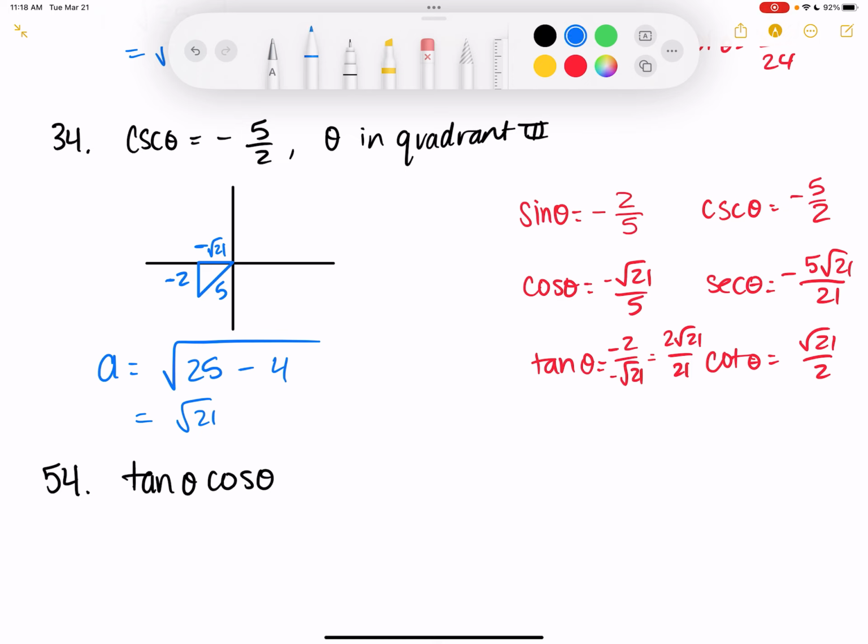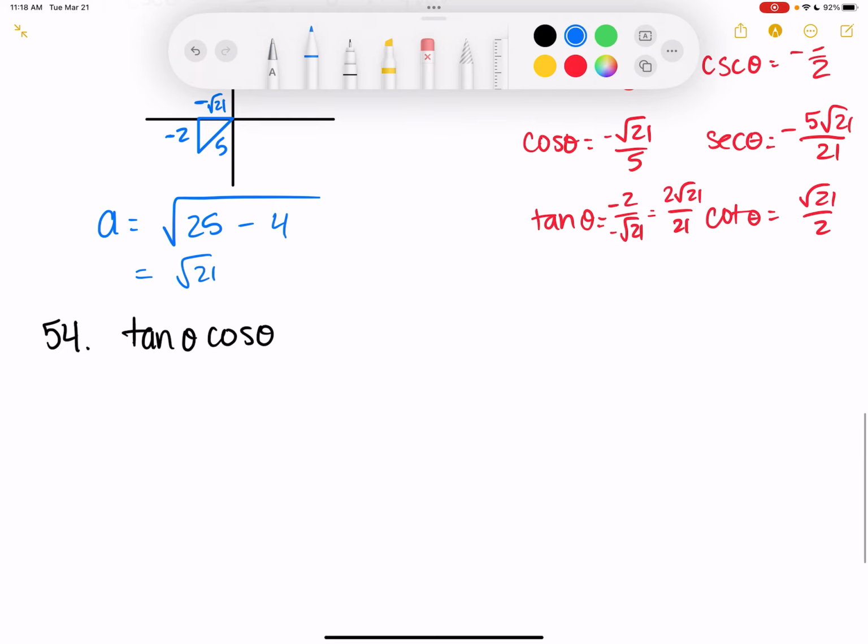So it wants me to first rewrite everything in terms of sine and cosine. So what can be rewritten and how in this one so far? What's it equal to?